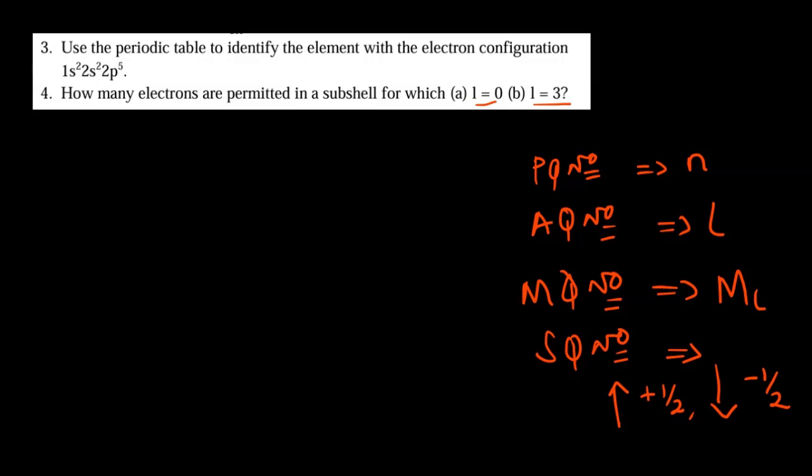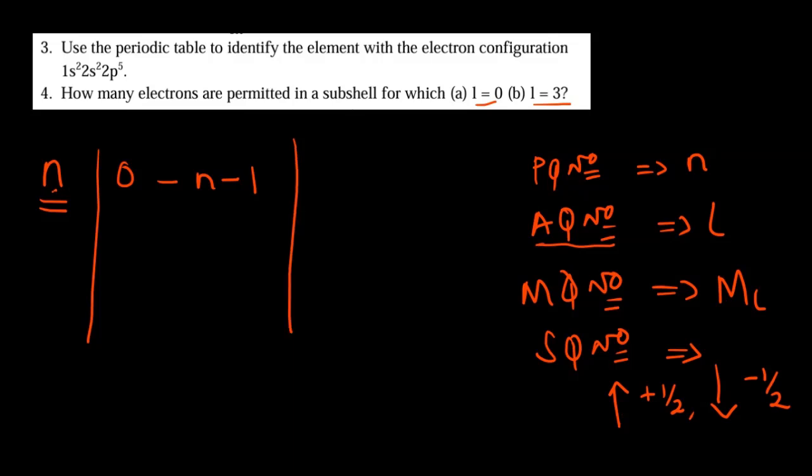Depending on the quantum number that you've been given, you can find the rest of the other quantum numbers. If I have n, the principal quantum number, I can get my angular momentum quantum number, which will be 0 to n minus 1.